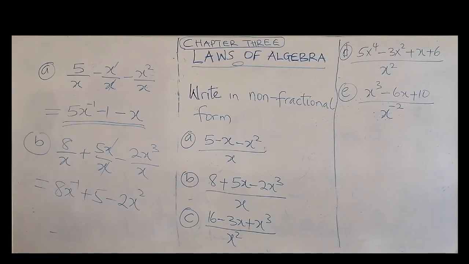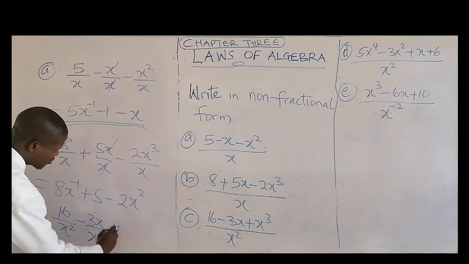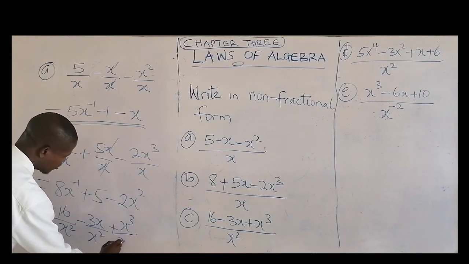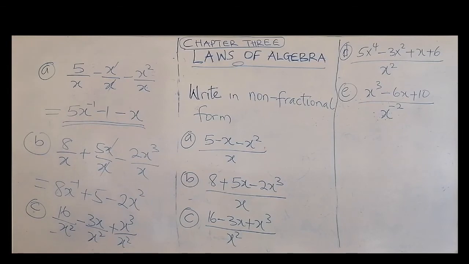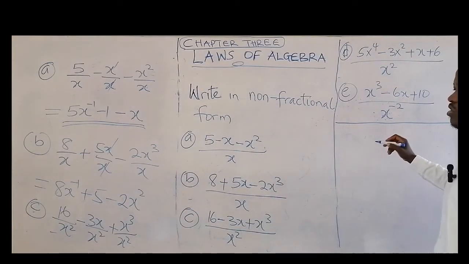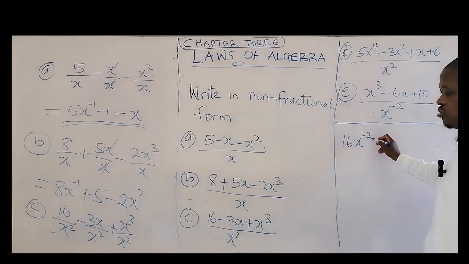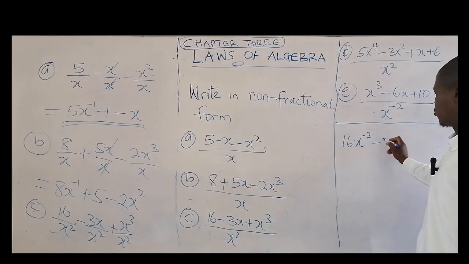The c part will be equal to 16 over this, minus 3x over x squared, plus x cubed over x squared. And that will give me 16 times x to the power minus 2, and then minus 3x.